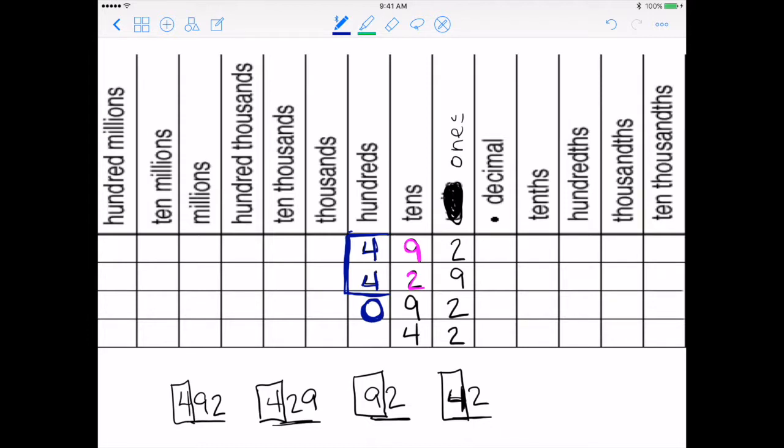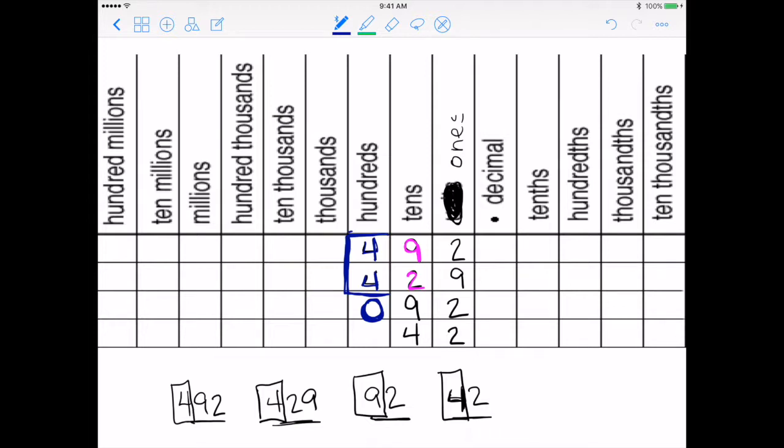We basically have a 0. We have no hundreds. And therefore, 92 would be the third greatest number in this list of 4 numbers.